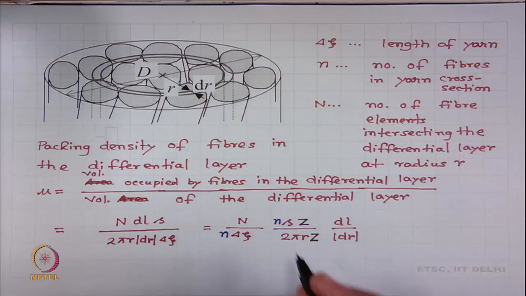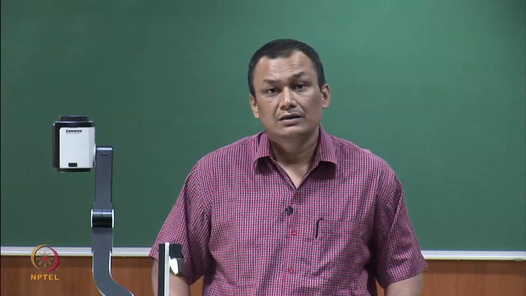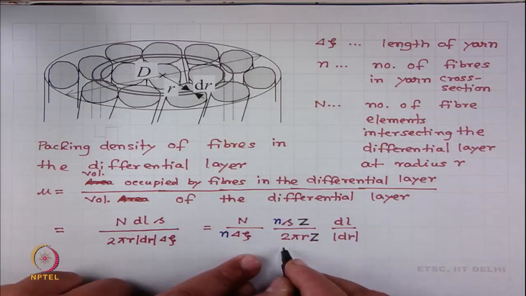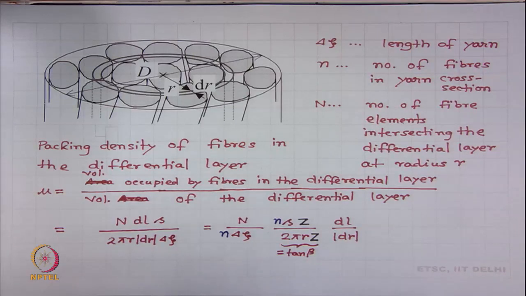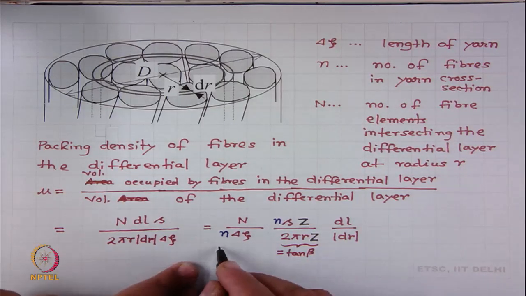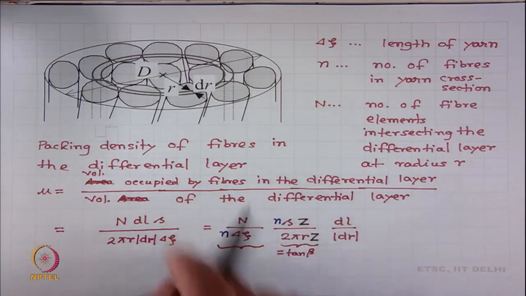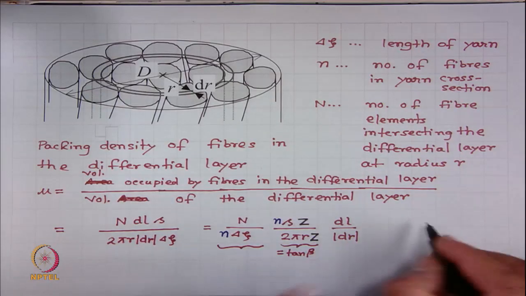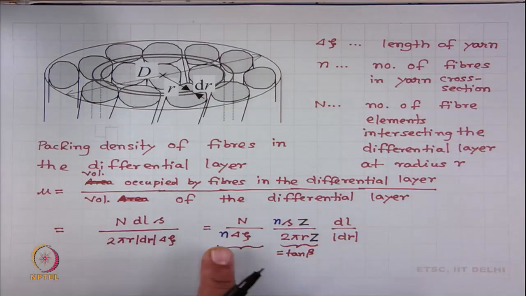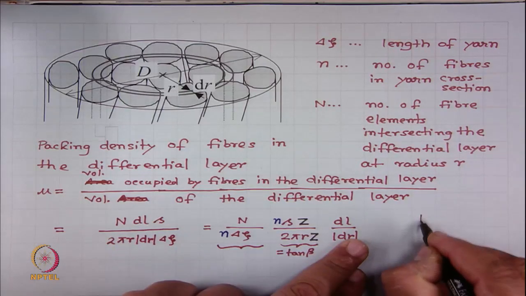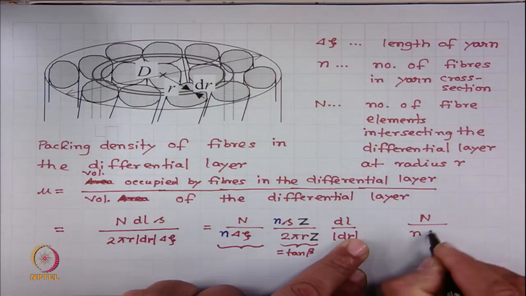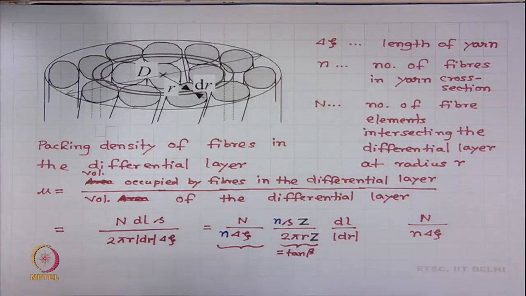Then 2 pi r z is tangent of beta. So, this is equal to tangent of beta. Look at this expression, the whole expression, capital N by small n into delta zeta. What is this?